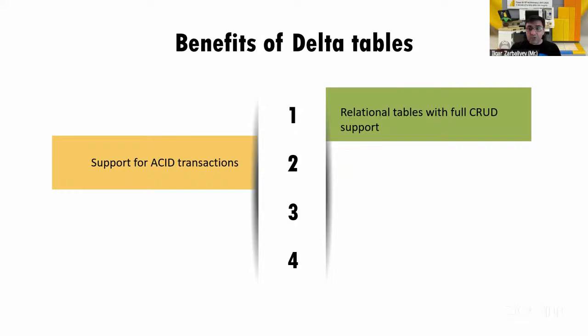Isolation: in-process transactions can't interfere with one another. And durability: once a transaction completes, its changes are persisted. Delta Lake brings that same transactional support to Spark by implementing a transaction log and enforcing serializable isolation for concurrent operations.